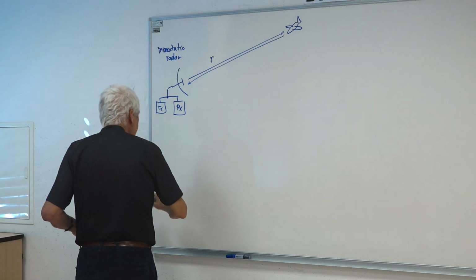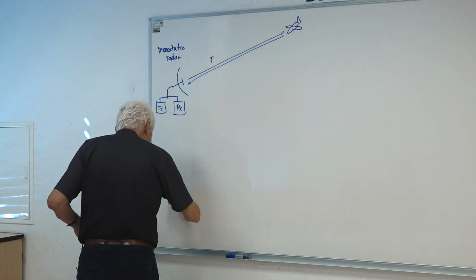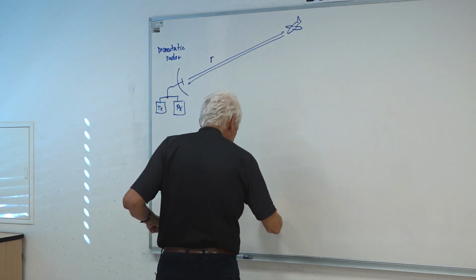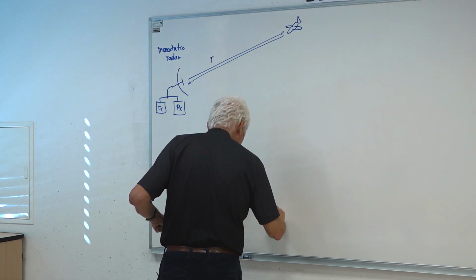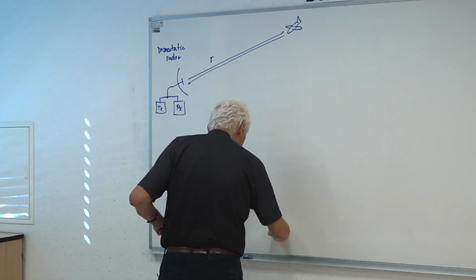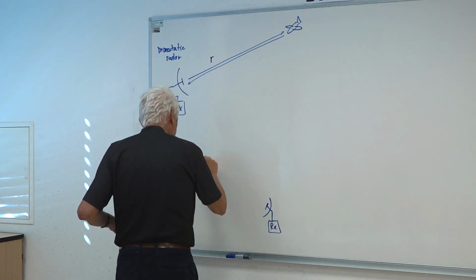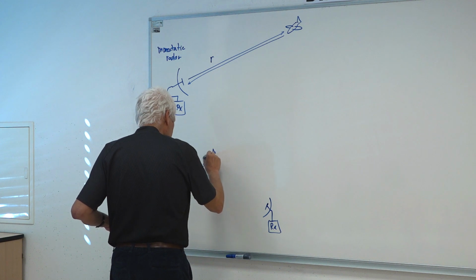Okay, I also have the other possibility. I have the possibility of a bistatic radar that has a separate antenna for the transmitter, and in some other place it has an antenna for the receiver. And the radio waves bounce off an aircraft.